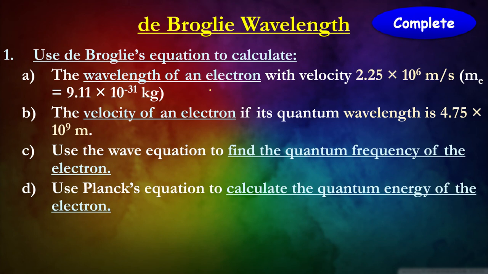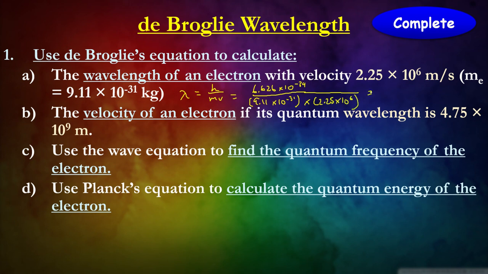So the wavelength of an electron is h over mv. So we know Planck's constant in your data sheet, and we know the mass of the electron, that's given to you in our question here, times the velocity in which the electron is moving.